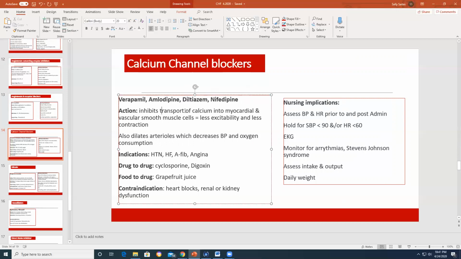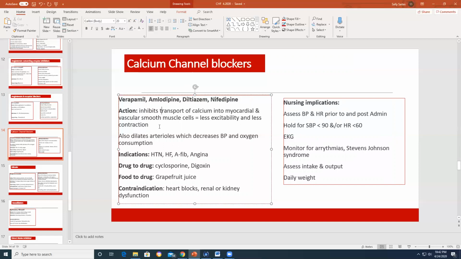So it inhibits the transport of calcium into the myocardial cells, and so it causes less excitability and less contraction. So Ativan for the heart, it relaxes everything, okay? It dilates the arterioles, which then decreases the blood pressure and oxygen consumption.